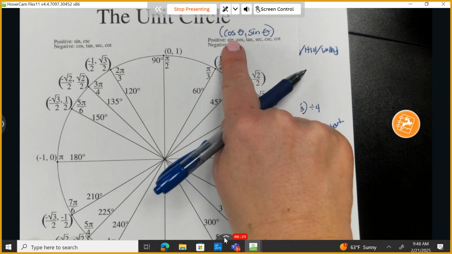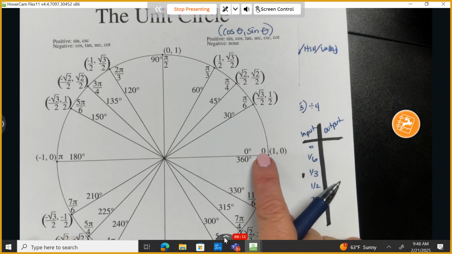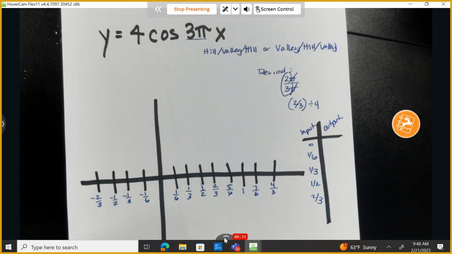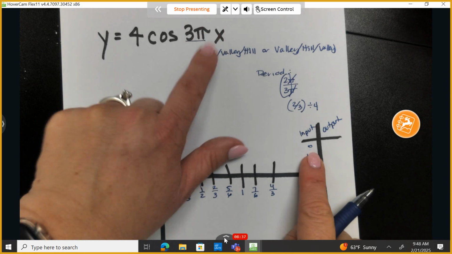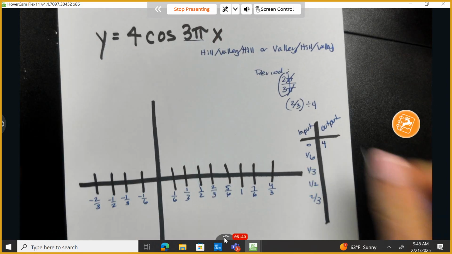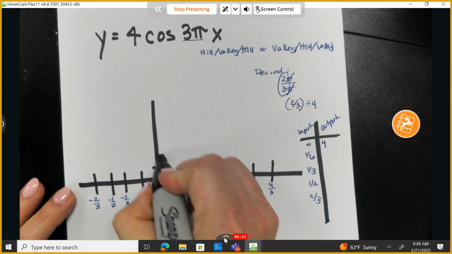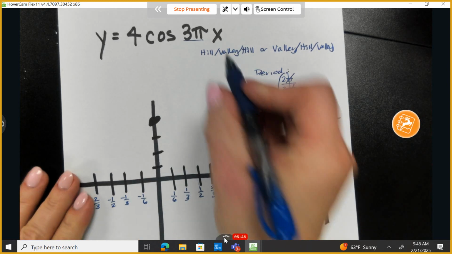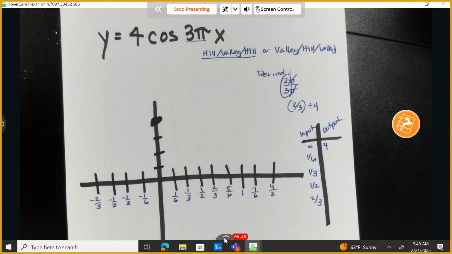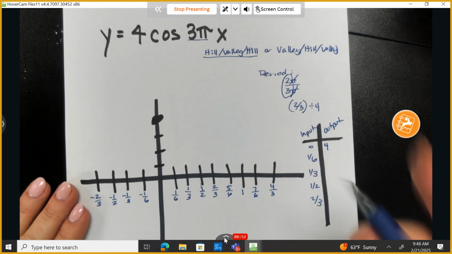Cosine is going to be the first value. So at 0, the cosine is 1. That means when I plug in 0, this portion is 1. And 1 times 4 is 4. So let's start out at 4. 1, 2, 3, 4. By the way, look, I started at a high point. That means this is going to be an example of hill, valley, hill. Let's do 1/6. I'm going to show my work off to the side.